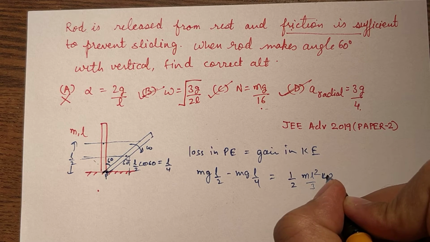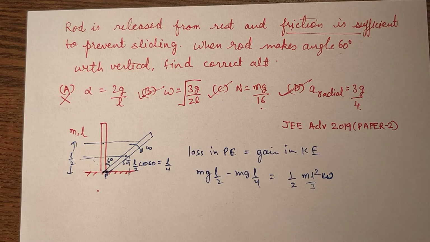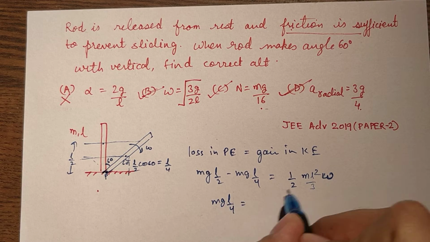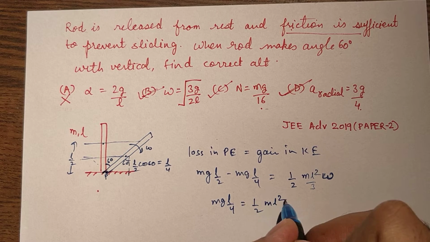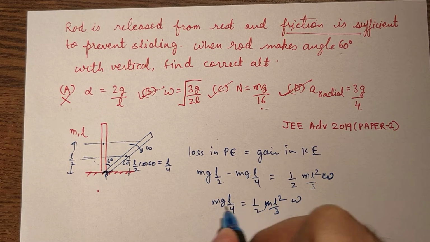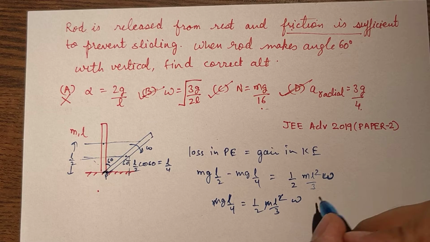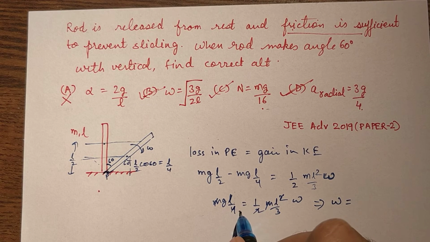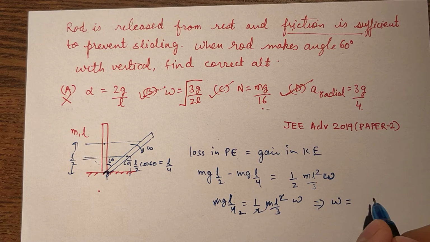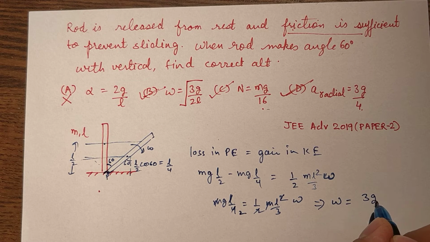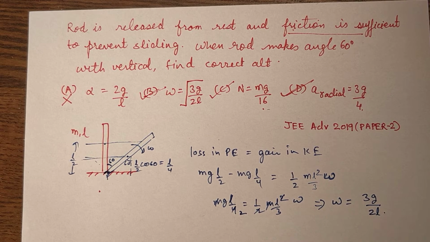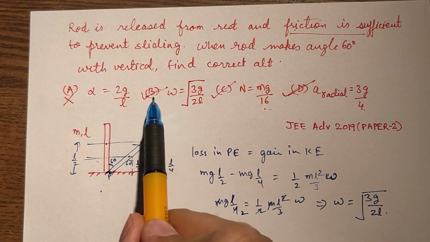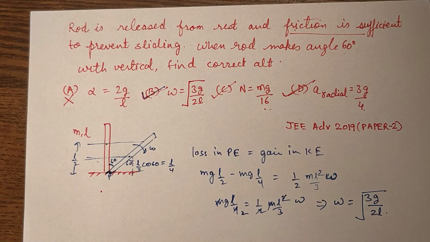So I can simplify this: mg L by 4 equals half ml square by 3 into omega square. m and L cancel, the 2 and 4 also cancel, and omega comes out to be under root of 3g by 2L. The same thing is given in option B, so option B is correct.